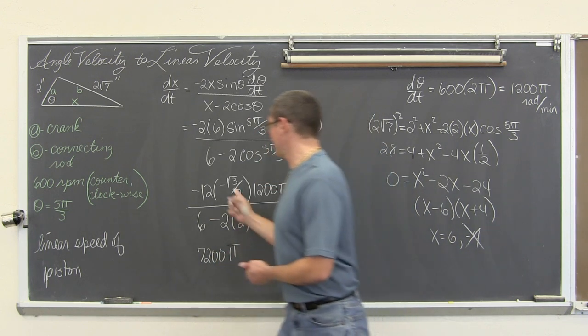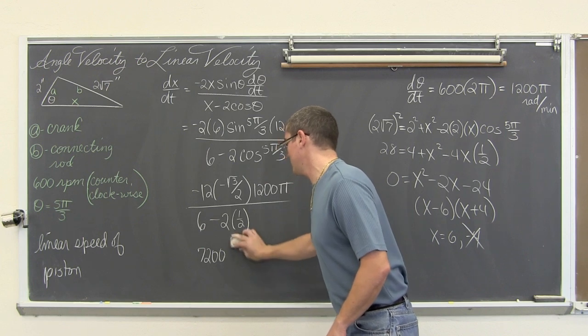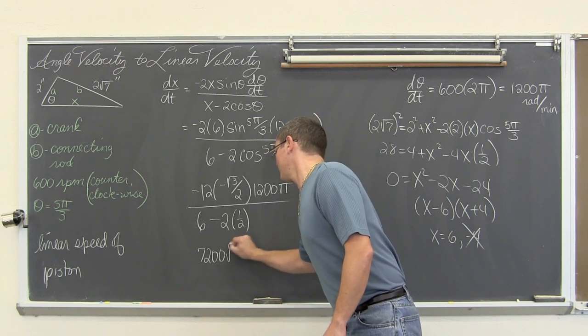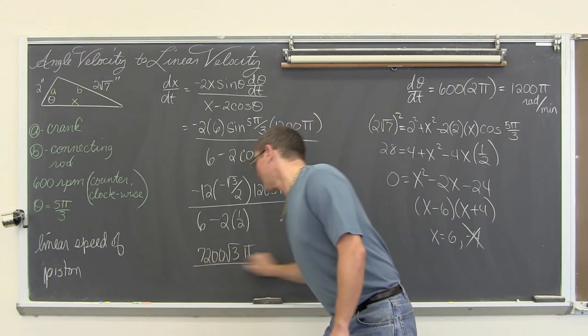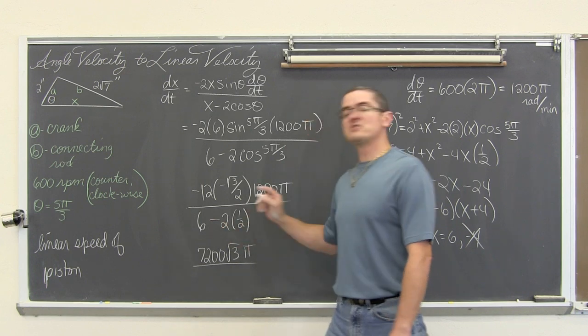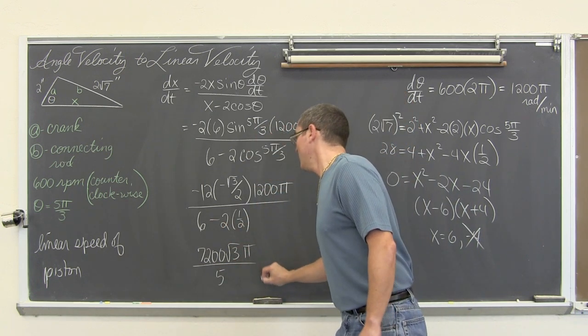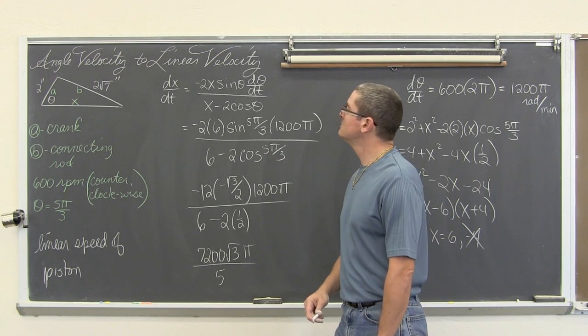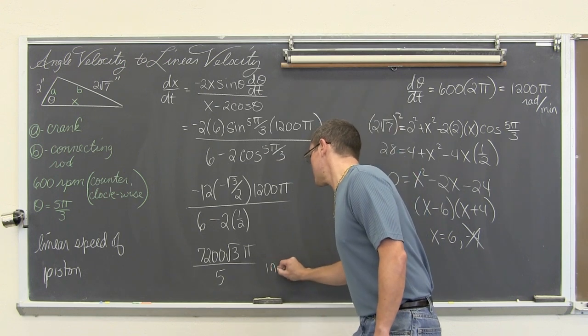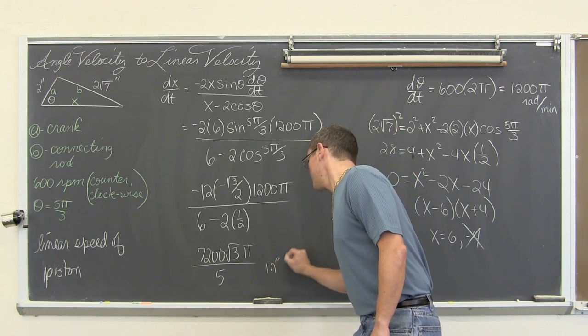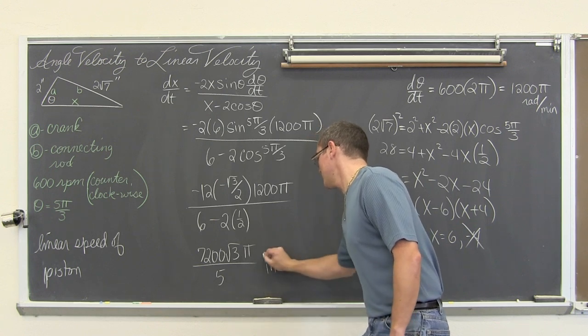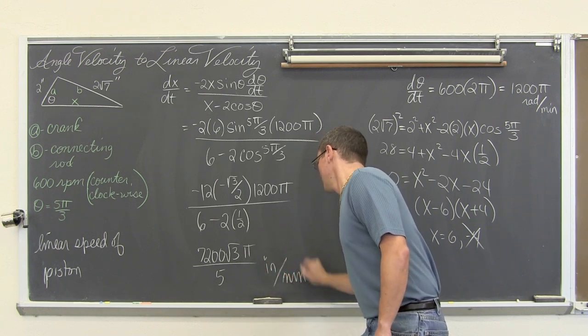Can't forget the square root of 3, so 7200 square root of 3 pi over, half of 2 is 1, and 6 minus 1 is equal to 5. What are we doing here? Inches per minute.